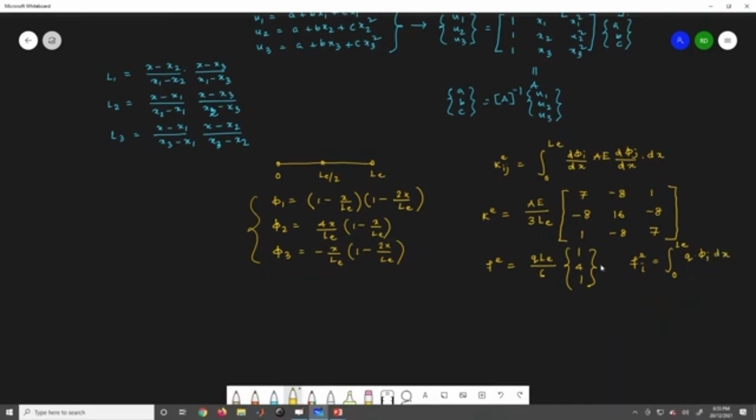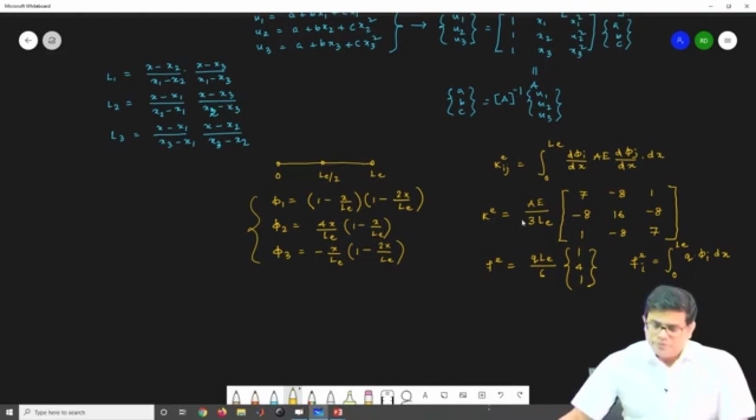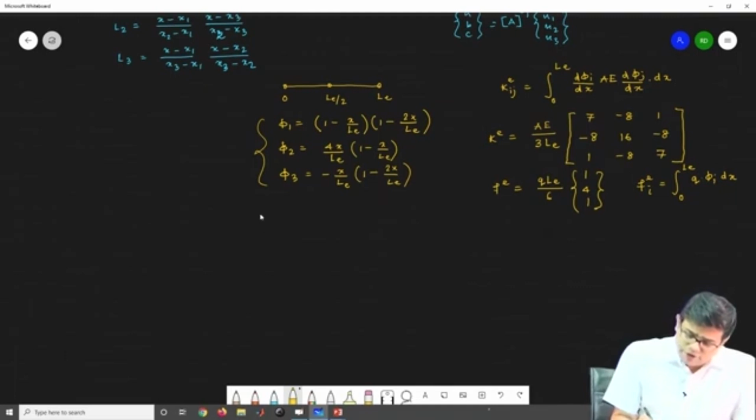If I substitute these shape functions here and integrate over the element, then I will get the body force vector. Then similarly I will get the reaction vector for the element.